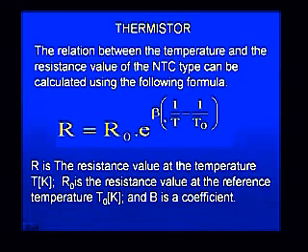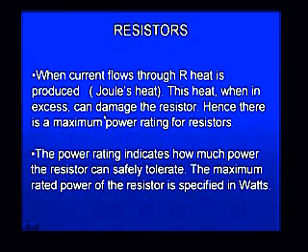So at any given temperature T, the resistance will change according to this exponential relationship, and therefore you can see as temperature increases, the resistance will also increase in this case, or decrease, depending upon whether it is NTC or PTC.